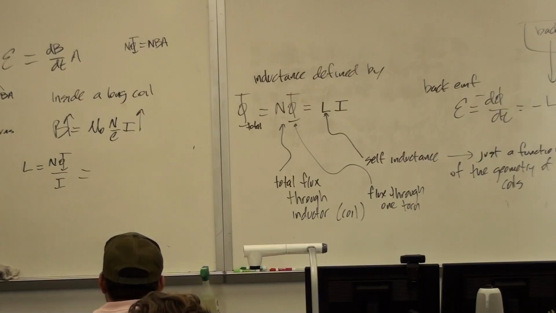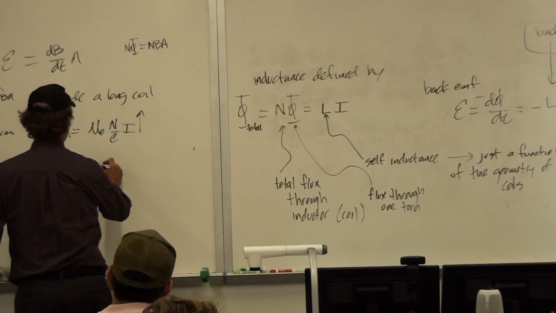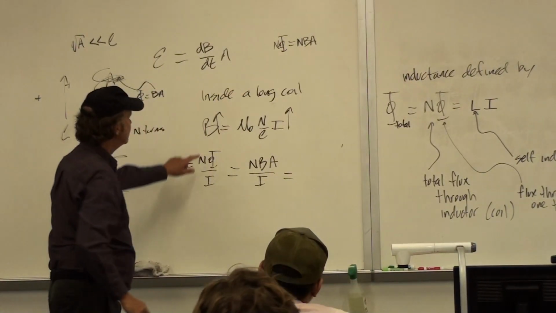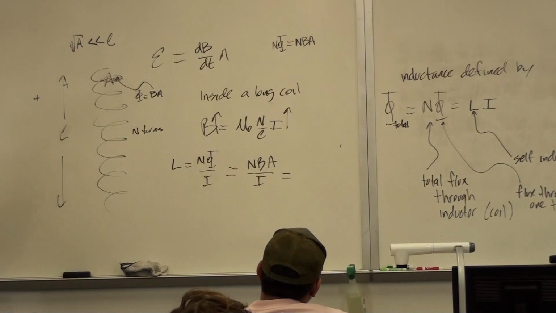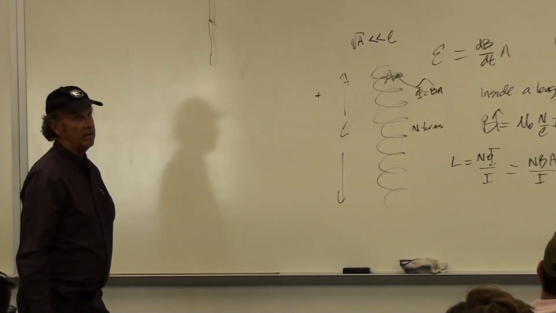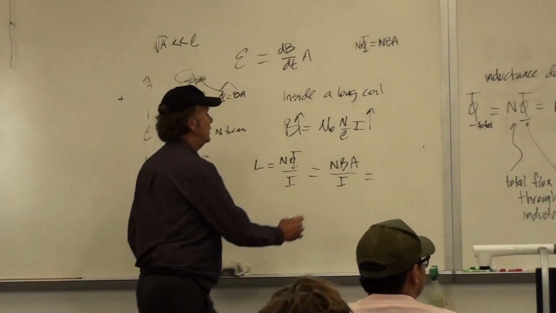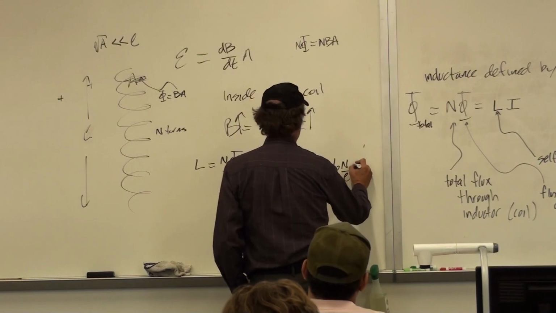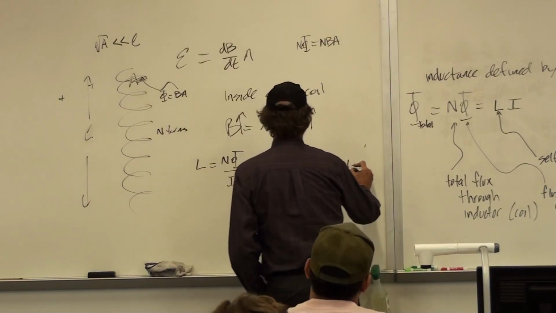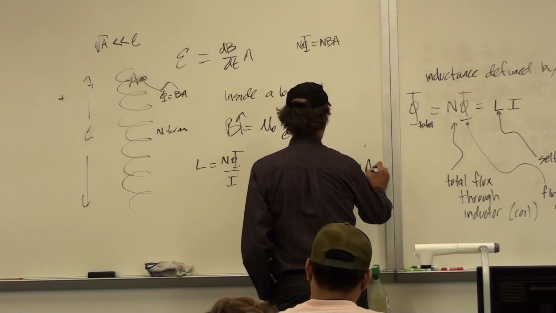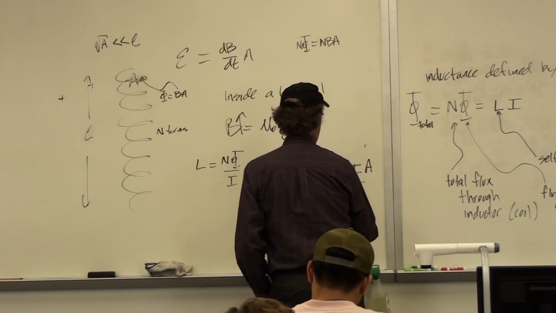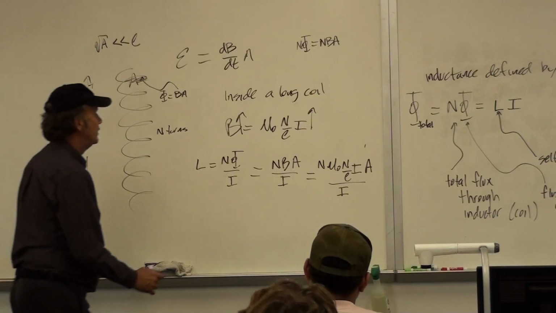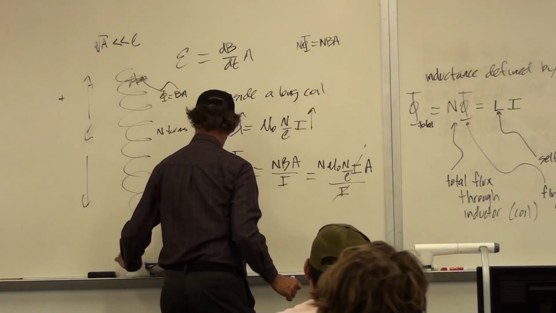And so N phi then is going to be NBA over I. But now we need to write the explicit dependence of the magnetic field for our long coil in terms of I. So this is going to be N times mu naught times N over L times I, times A, all over I. And so the I's are going to cancel, which is what we want.